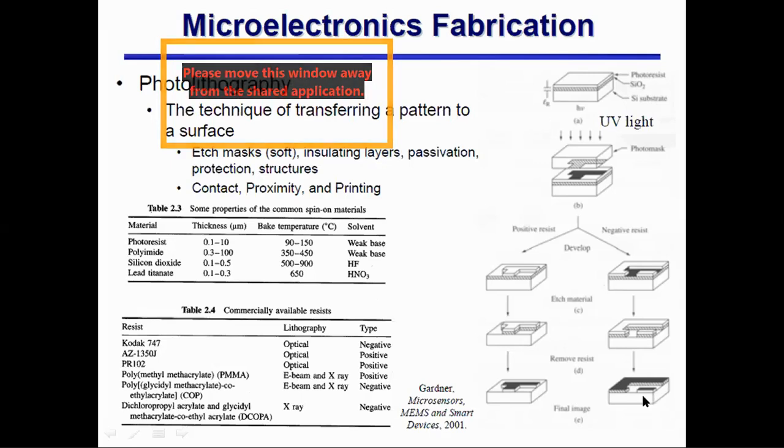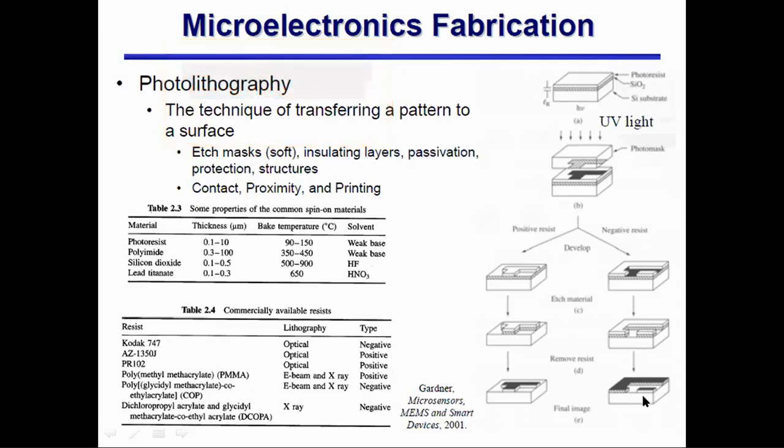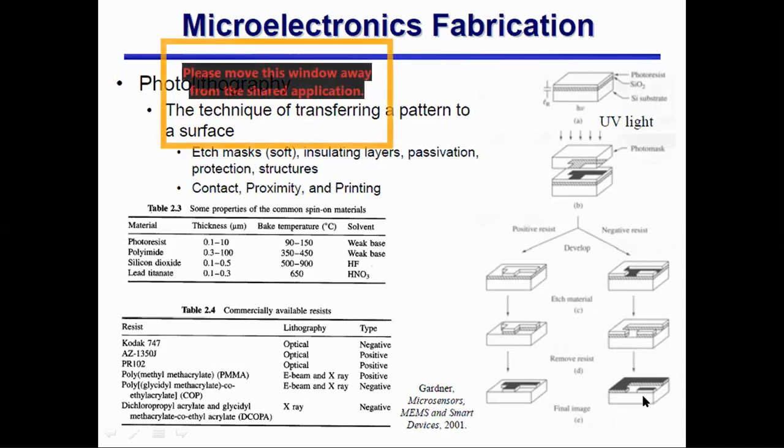So during that phase, when you are making the drawing or layout of the photo mask, you have to decide about the photoresist. And depending upon that, if you have decided that my photoresist will be positive, then you have to make the drawing accordingly. So it is very, very important that you must know beforehand what type of photoresist you would be utilizing, positive or negative.